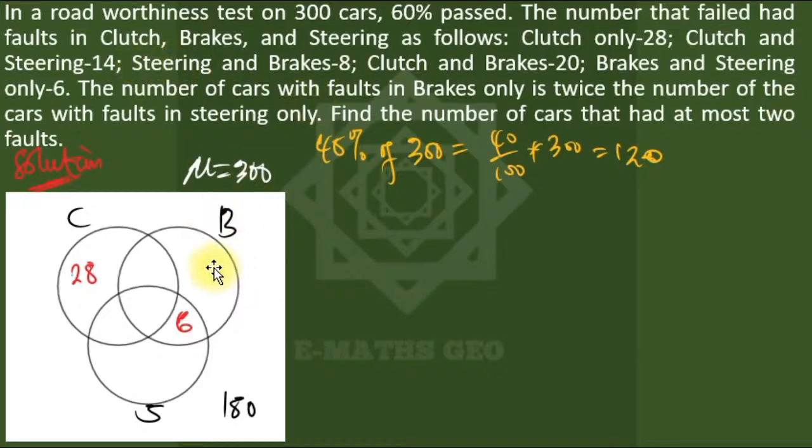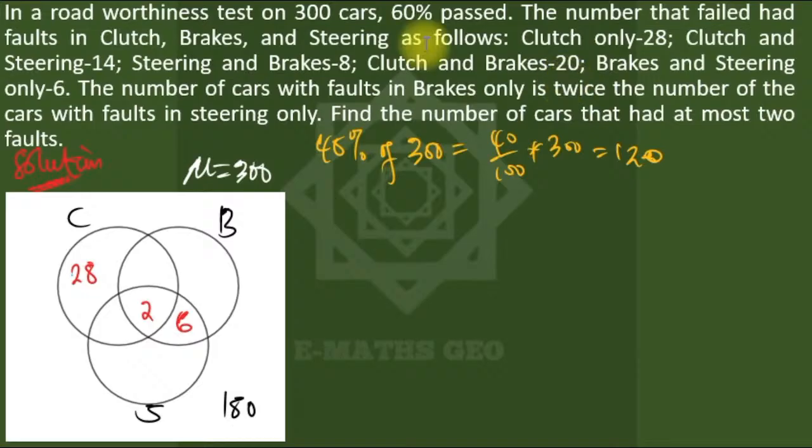So since steering and brake only is 6, and steering and brakes is 8, meaning that here should be 2. So the ones with all the faults, check now. Brake and steering, C is 8. Do you see? Why the only is 6? So we are correct.